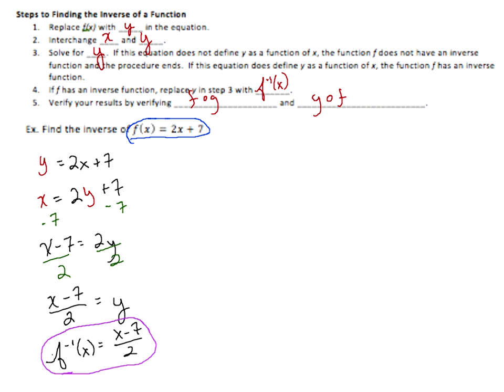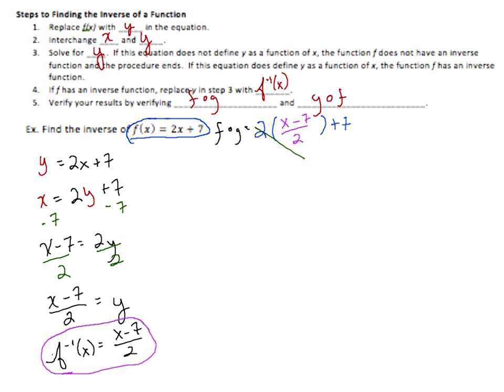And now I need to verify, just to make sure that the work I've done is correct. So f composed with g. My f is my shell, so 2 times something plus 7. And I'm going to plug in my f inverse for x, x minus 7 divided by 2.